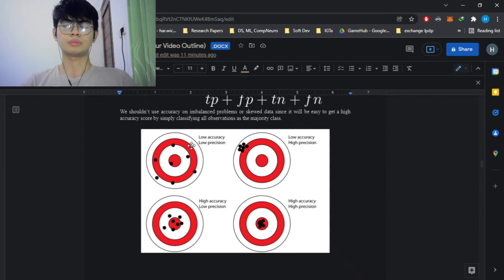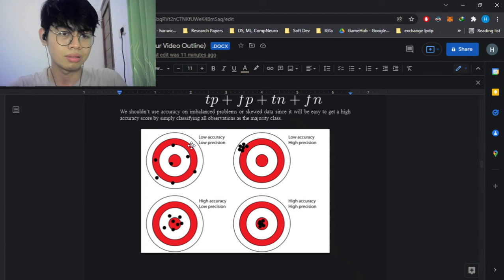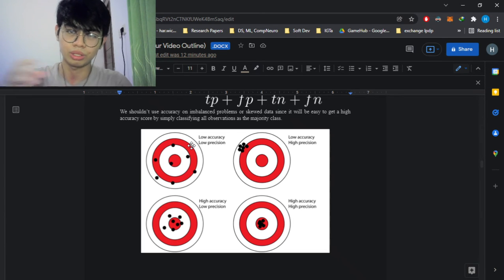For the lower left, we have data points that are quite close to the center of the bullseye, but they're pretty spread out. Since this is a circle, even if they're spread out, they are still pretty close to the center, but we can say that it has low precision.